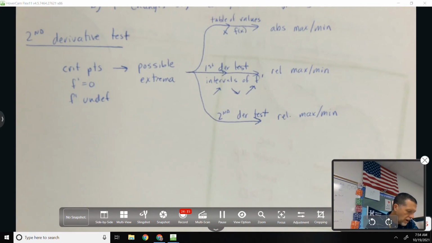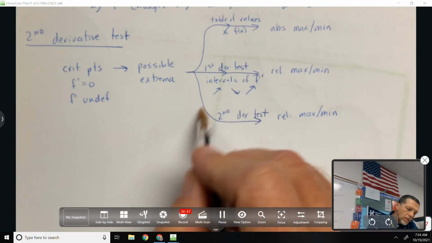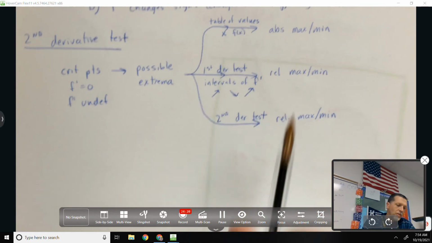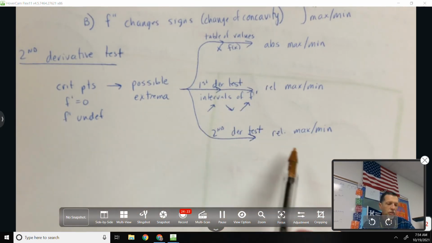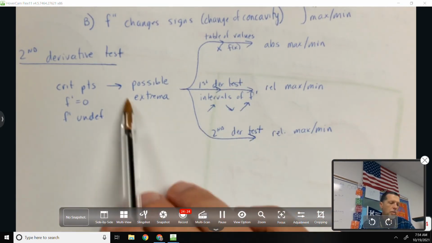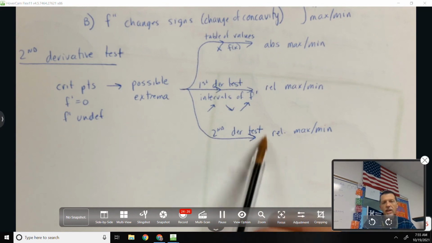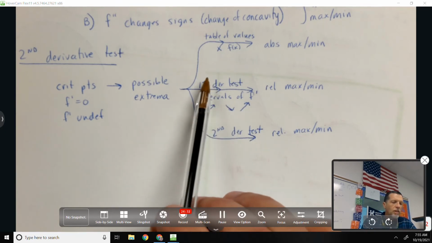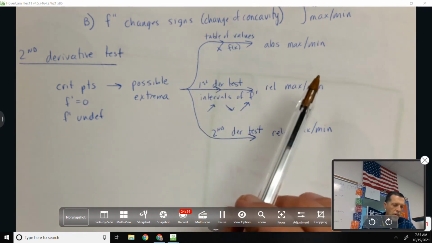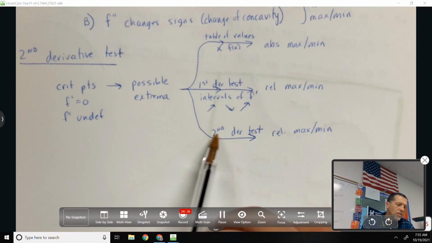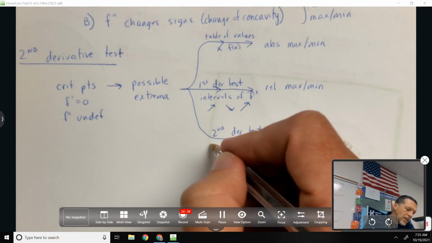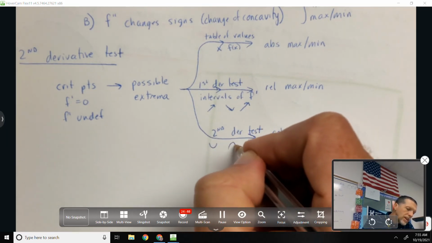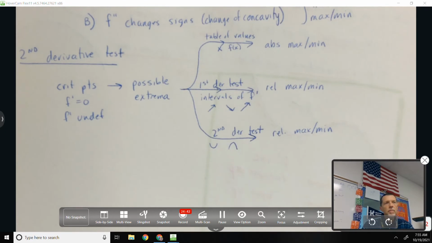And so now we need to talk about what the second derivative test is. So this is sort of how it fits into the big picture of finding a max or a min, but now we need to figure out how to use it. And I think the confusing part for students is we usually think of first derivative telling us stuff about maximum and minimum, second derivative telling us about concavity, and second derivative does tell us about concavity.